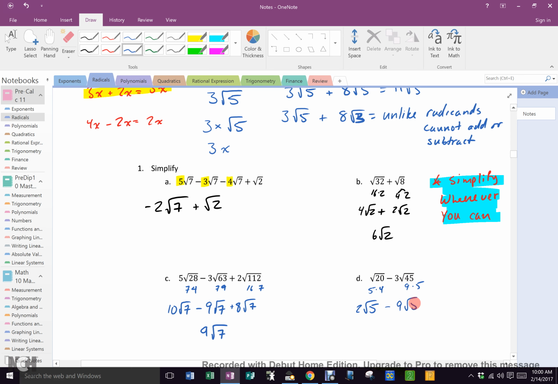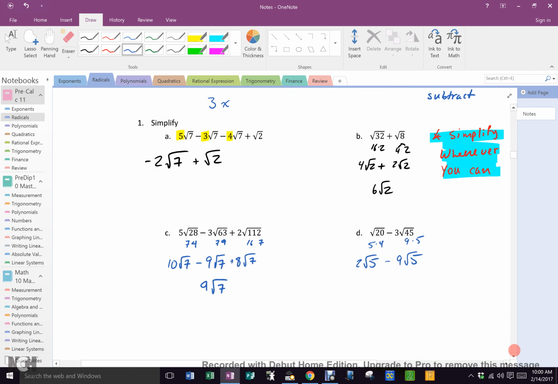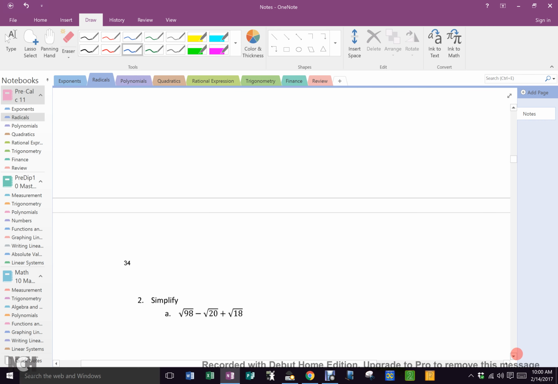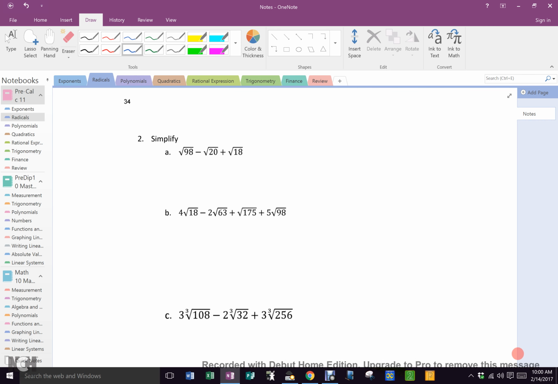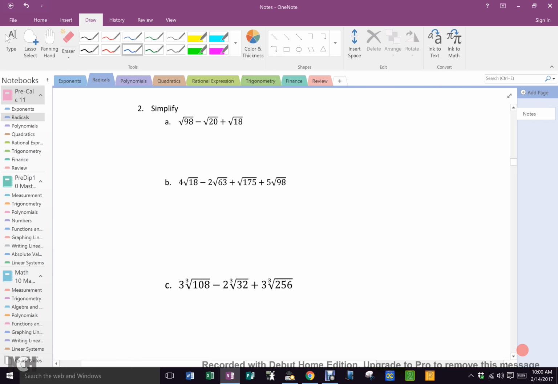Minus 9 root 5. So what does that give me for an answer? Negative 7 root 5. Nothing changes. The rules stay the same. Is everybody cool? Yeah? Okay, you guys do 2A and B. It's the same rules, they're just a little longer. Stop after B, though.